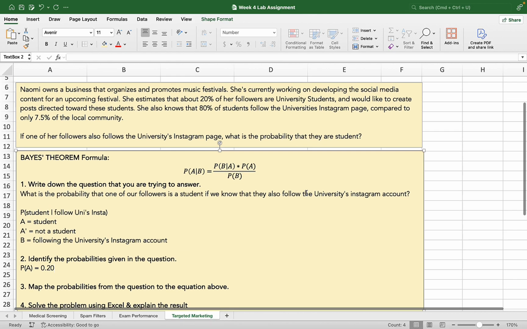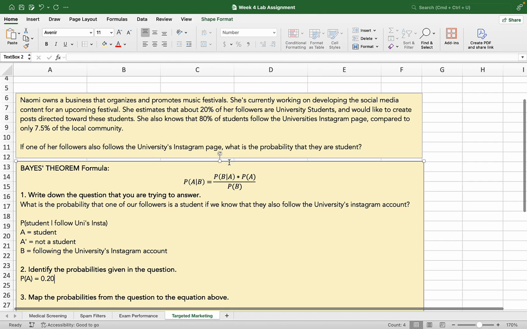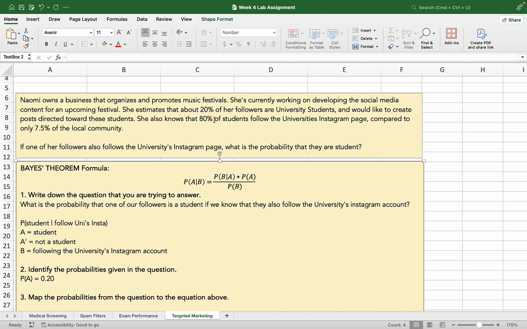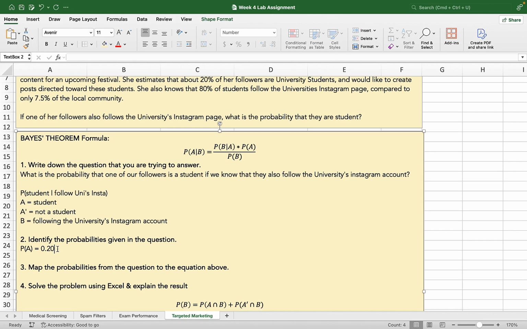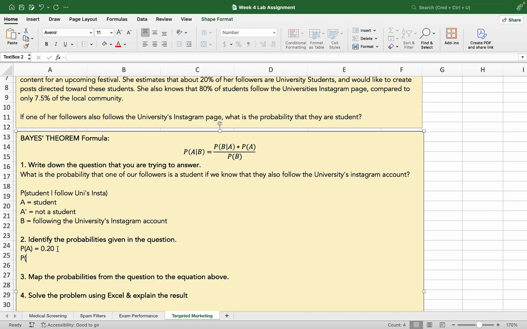And then we're given two additional pieces of information. 80% of students follow the university's Instagram page. So the probability of following the Instagram page, given that they're a student, right? That's what we're looking for, is 80%.